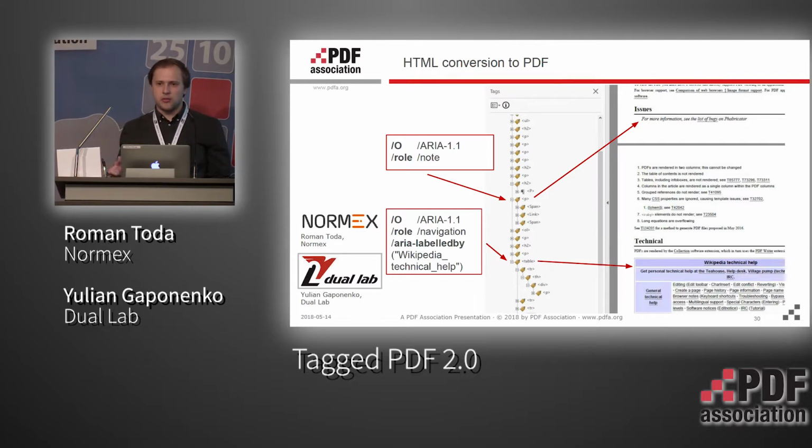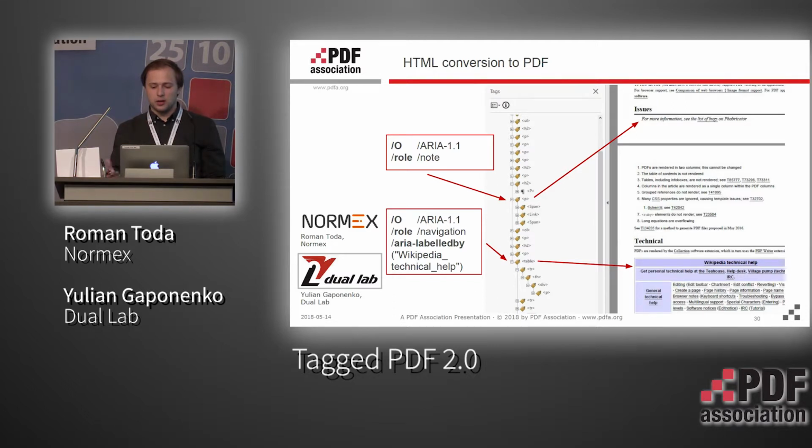For example, ARIA is more about some dynamic things, some navigation or forms, and this is usually not the most popular thing in PDFs. However, these examples can still occur inside PDF documents.